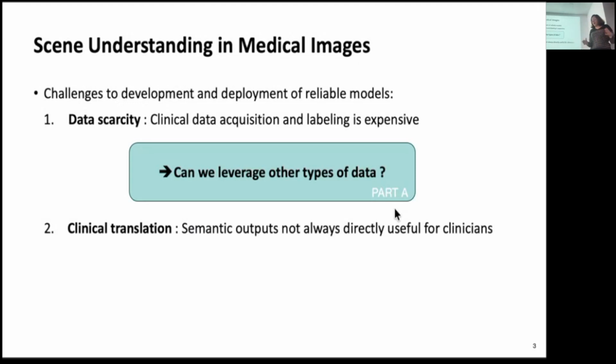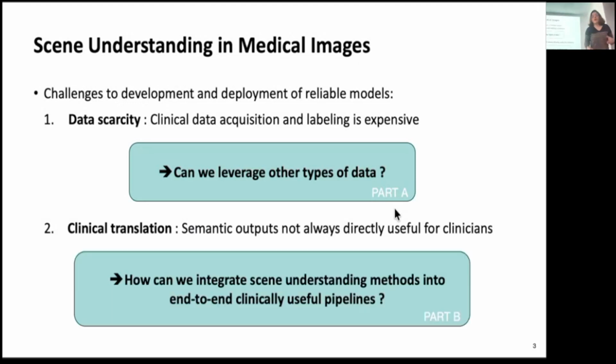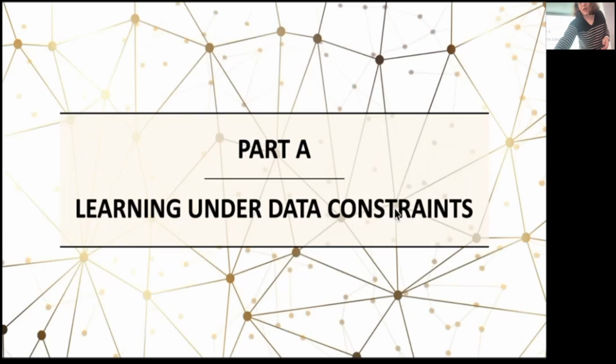So how can we include the outputs that we get, the semantic representations that we get, into end-to-end pipelines that are actually clinically useful for doctors? So first, focusing on learning and the data constraints or having limited data.